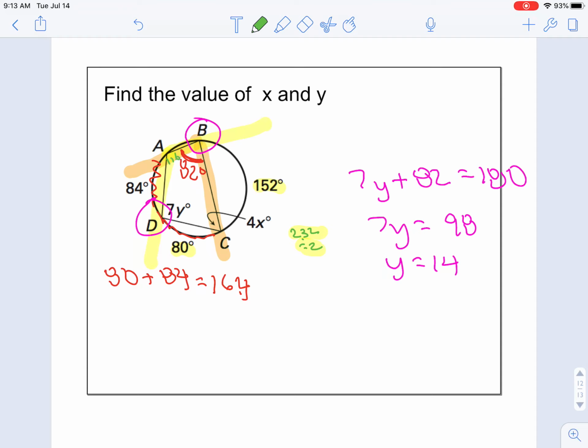And so that gives me angle A right there is 116. So this is 116. And so that means that angle A of 116 plus 4x has to equal 180. And that gives me 64. And x equals 16. So that's our work with inscribed angles and their intercepted arcs.